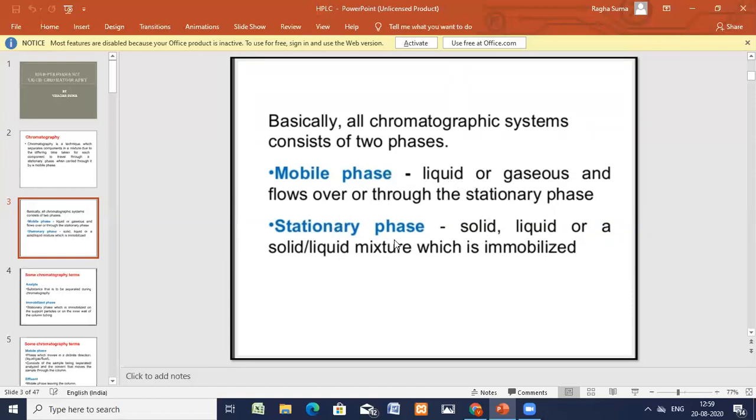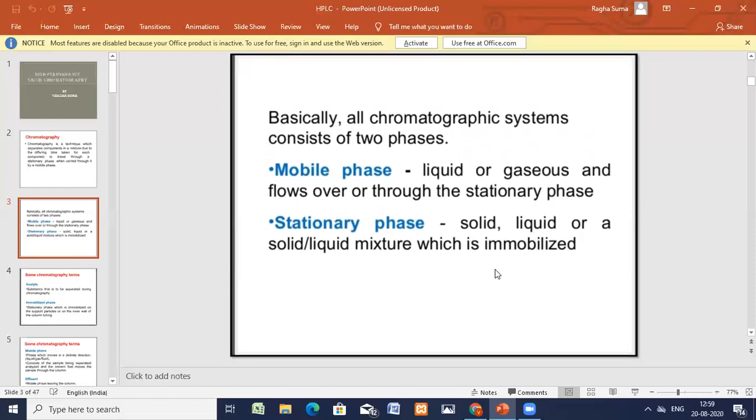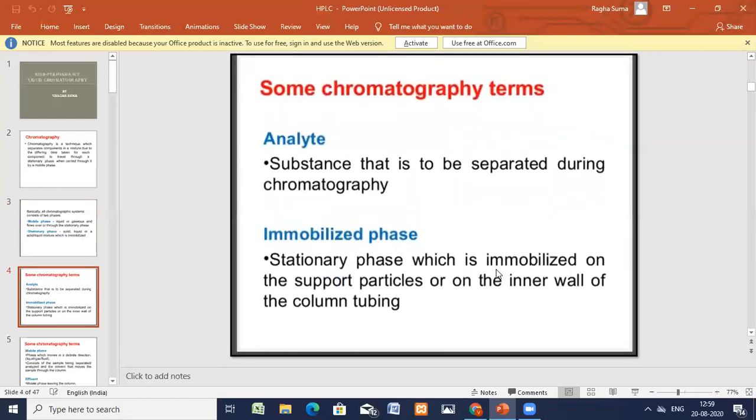The stationary phase is stationary, so that can be a solid or a liquid-solid mixture which is immobilized. And what is an analyte?